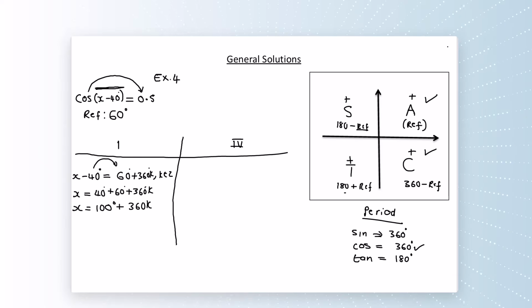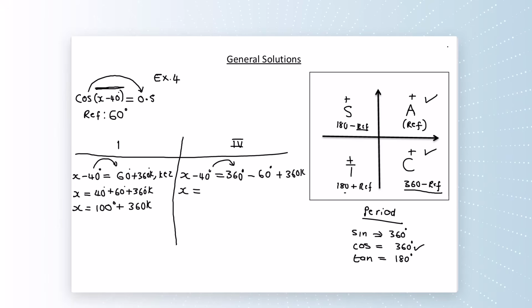Then let's move on to the angle in the 4th quadrant. Again, we're going to start with x minus 40 equals, for the 4th quadrant, 360 minus reference. So it's going to be 360 minus our reference, which is 60, plus 360k. Then let's go on and transpose the minus 40.